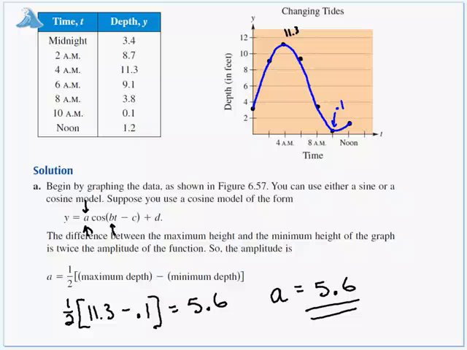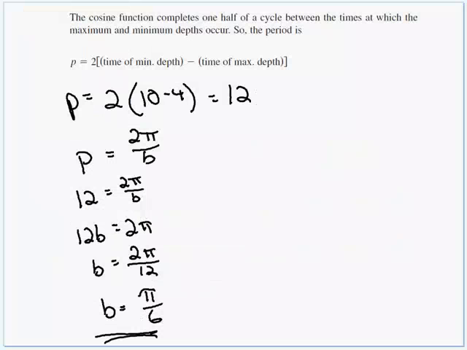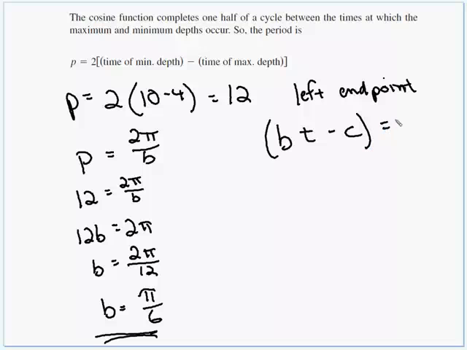Remember, our left endpoint will occur when the quantity in parentheses is set equal to 0. So we can find our left endpoint. In this case, we're not using the variable x, but bt minus c equals 0.